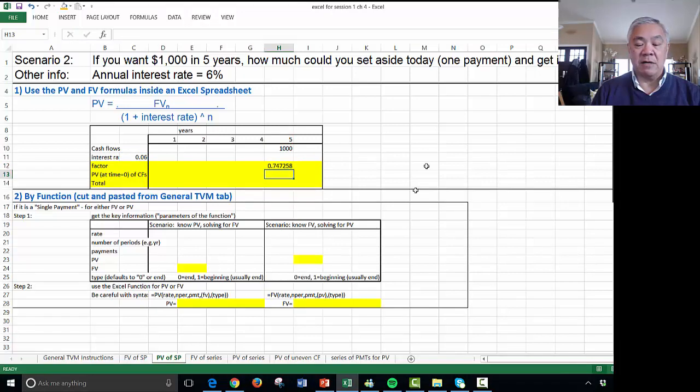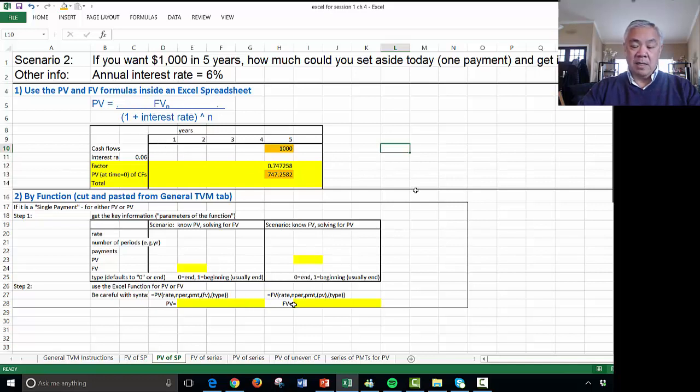And that's the factor. So every dollar is worth 74 cents today. So if we want $1,000, then we just multiply $1,000 times what it is worth today. And the answer is $747. It will grow over 5 years at a rate of 6% to hit our target number of $1,000. Right? So that's using the formula.